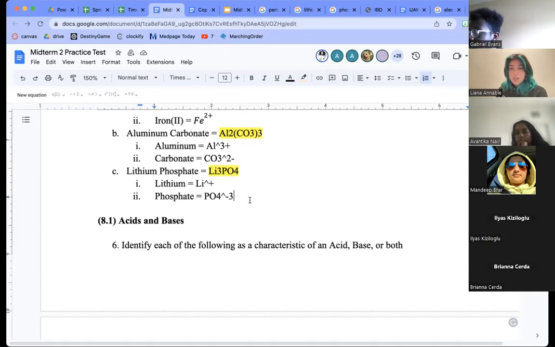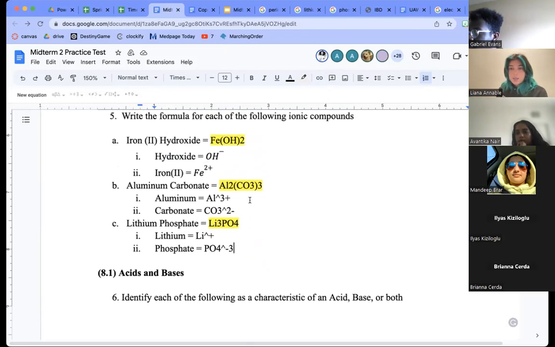So you could put it in parentheses, but it doesn't really matter because in this case, PO4 doesn't have a subscript attached to it. Like for example, in aluminum carbonate, the 3 applies to the entire CO3.